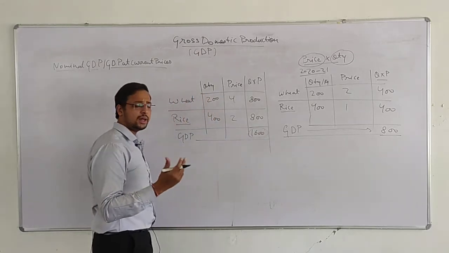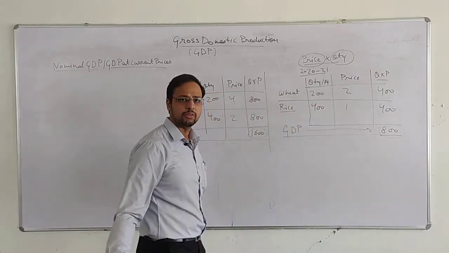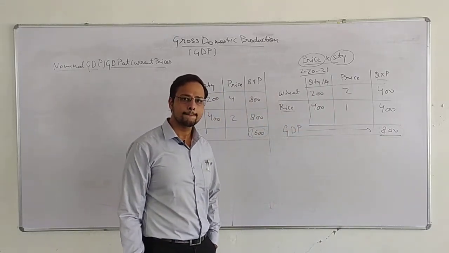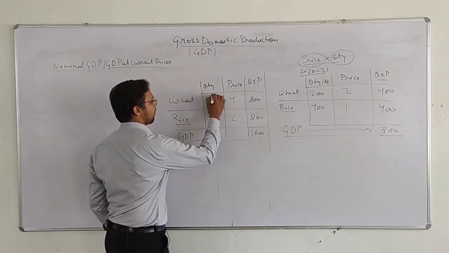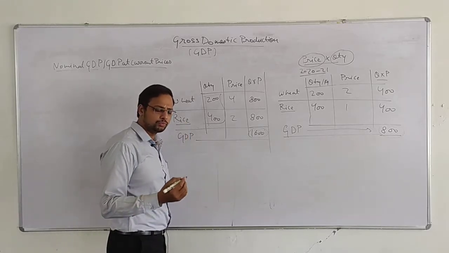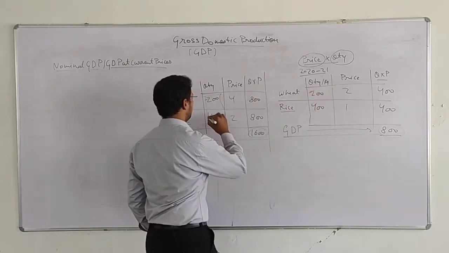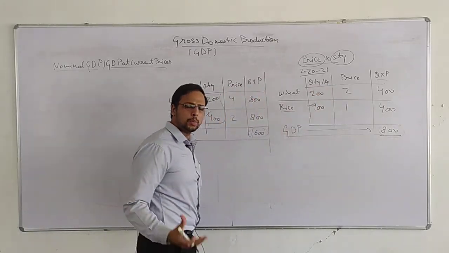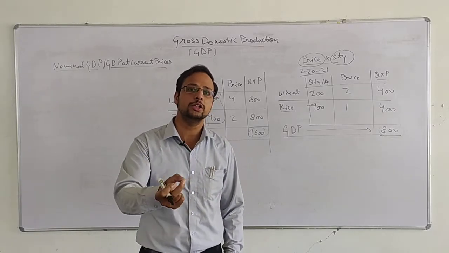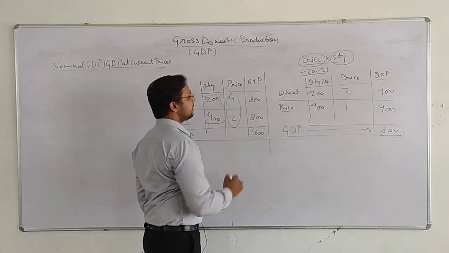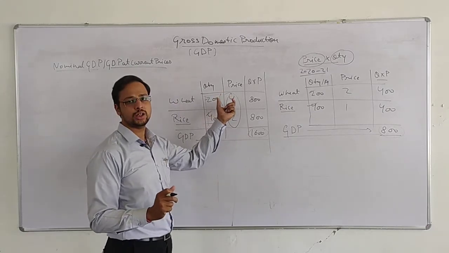Now earlier the GDP was 800, now the GDP is 1600. It changed. But can you say that the quantity of production changed? No, the production remained the same. It was 200 here, 200 here, 400 here, 400 there. The production did not change, but the GDP figures doubled just because of the prices, and this is because the prices have an inflationary effect in them.